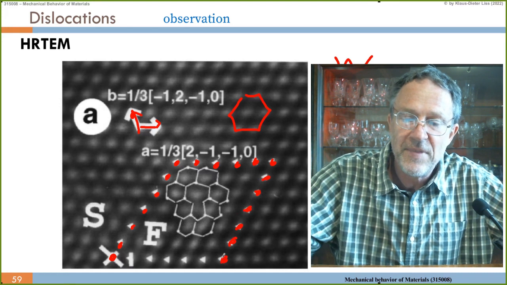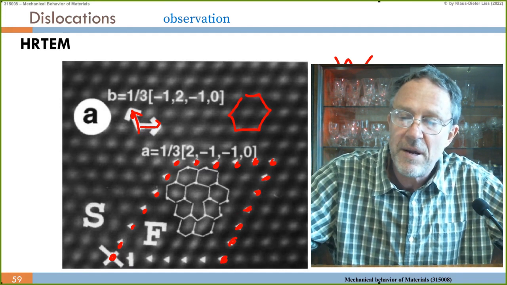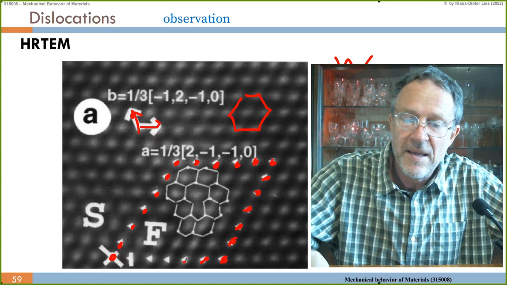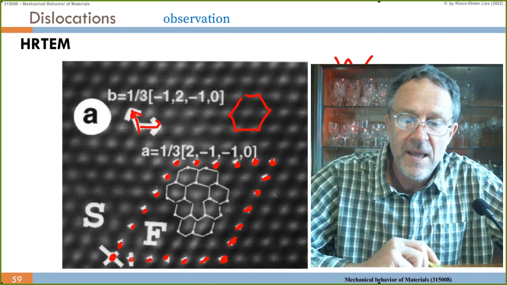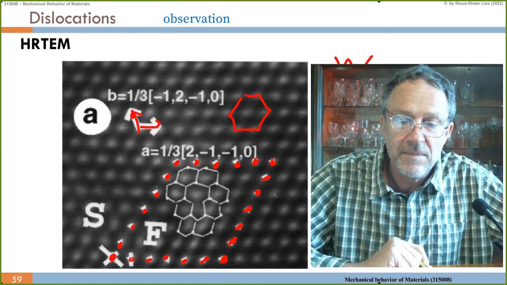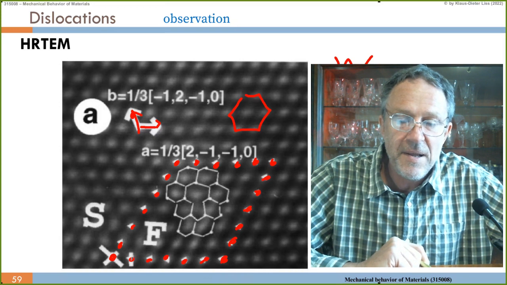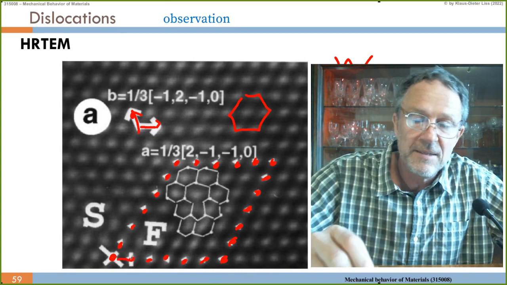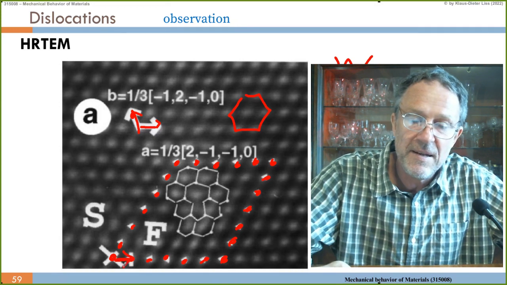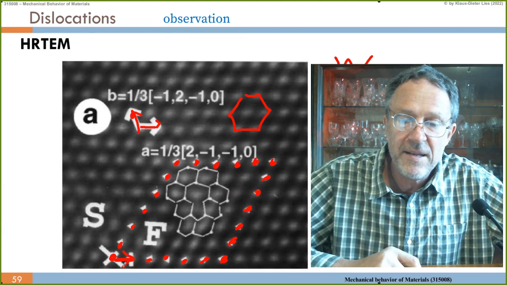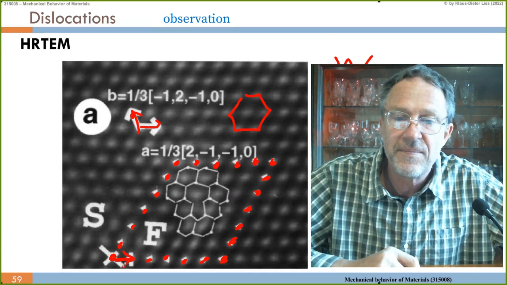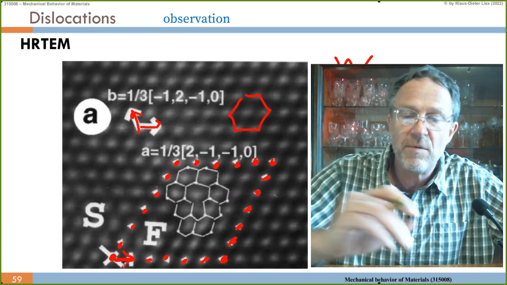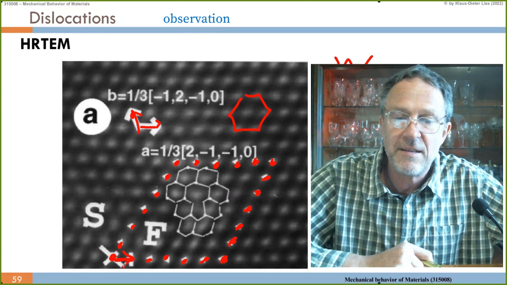We are here, and we have to come -5 over. We go 1, 2, 3, 4, 5, and we end up there. So we are not ending up at the same position where we started. This is the difference, and the difference is the Burgers vector. If we go far away from the dislocation, it's exactly the Burgers vector.